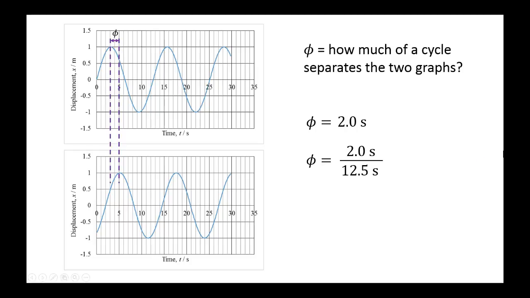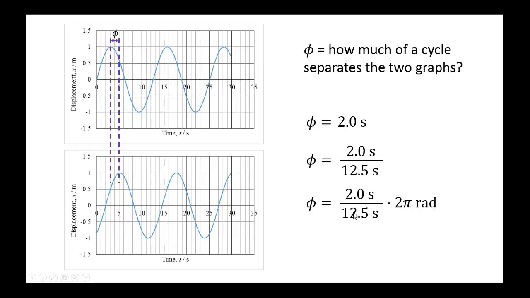But we don't stop there. Instead of saying the phase difference is half a cycle or a quarter cycle, we convert it to radians. One full cycle is 2 pi radians, so if your phase difference is half a cycle, you would have pi radians. So we take this fraction and we convert it to radians by multiplying by 2 pi radians. Here's why this works.